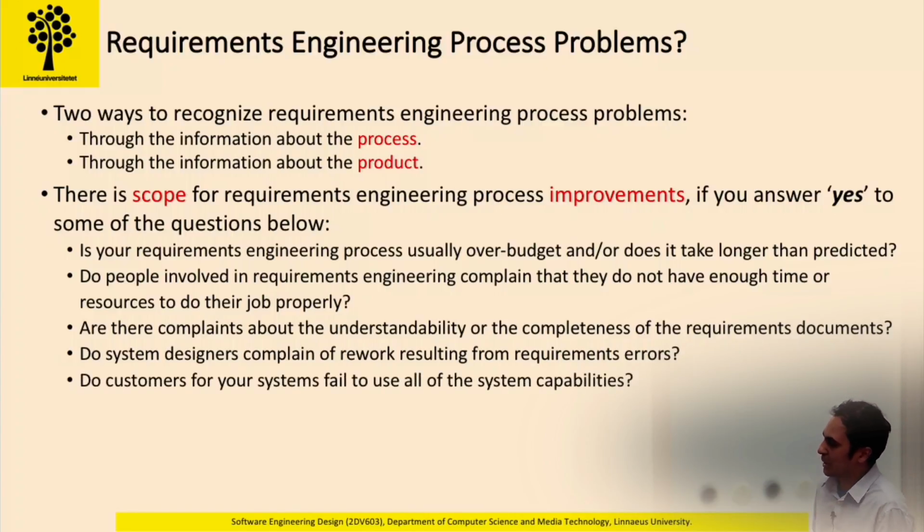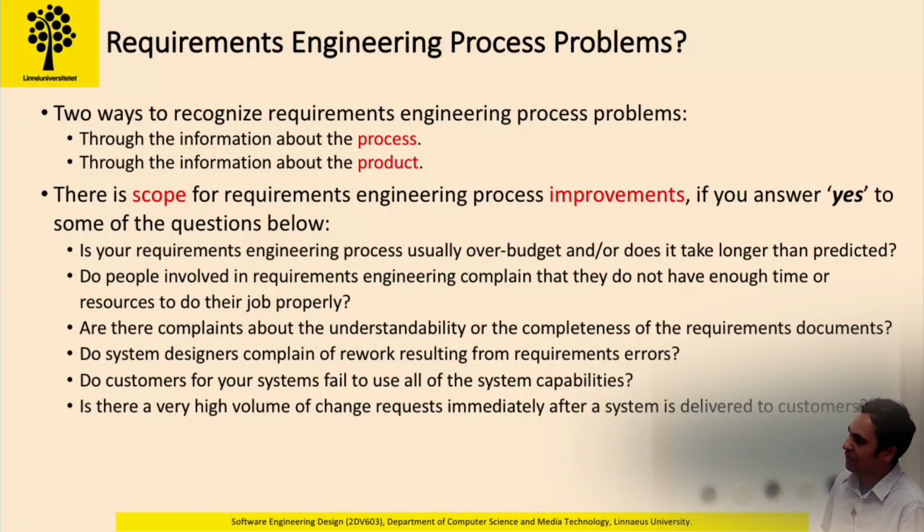And then, do customers of your system fail to use all the system capabilities? So you have a delivered product, you have a number of features in there, but customers are not able to use all the features. If this is the case, that means there is a problem in the product in the first place, and this problem of course happened because of a problem in the process. So the requirements were not well analyzed.